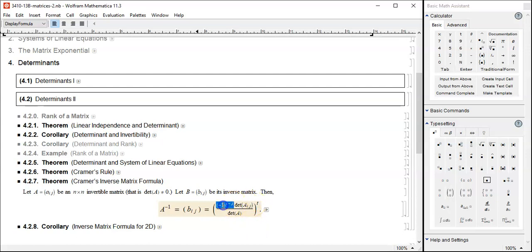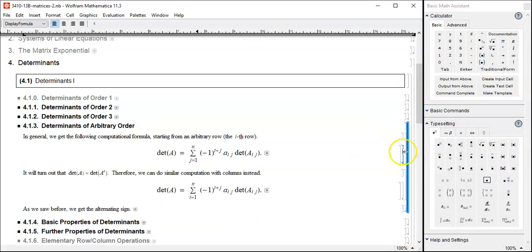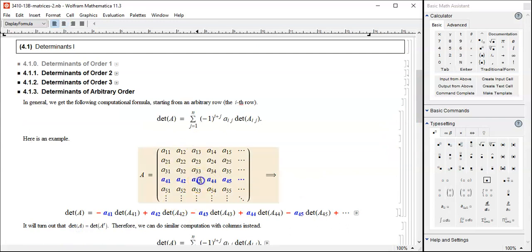Now, (-1) to the i plus j, that's because we want the alternating sign, but what's this? Determinant of capital A_ij, what is this? This is actually the determinant of the deleted matrix. What is a deleted matrix? Let me show you one. For example, if you have this kind of matrix and we have a certain entry, and for example, if I selected this entry in row 4, column 3, then I'll just remove everything in the same row and same column.